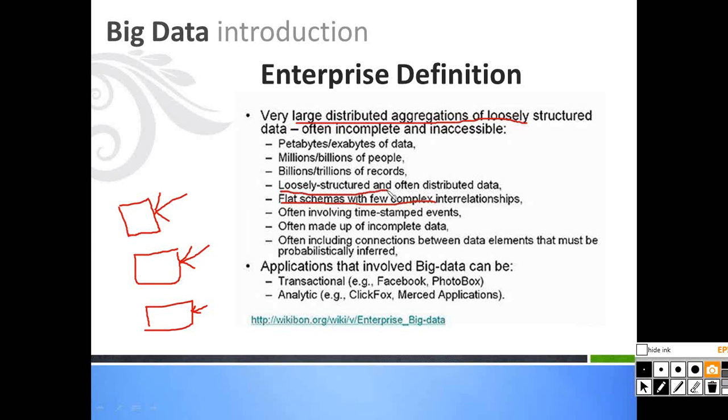Another important concept from big data is incomplete data. That's where the warehouse gets puzzled with this kind of concept. Volume is not a deterrent factor in the warehouse. There are warehouses handling terabytes of data, but the deterring factors are loosely structured data, flat schemas, incomplete data.